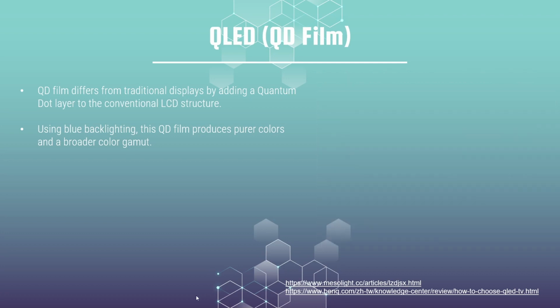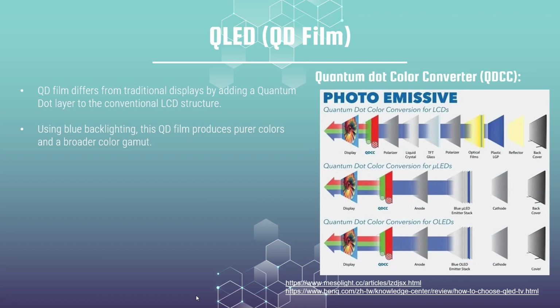And for the second one is quantum dot color converter, which is called QDCC. This technology involves using quantum dot color filter to replace traditional color filters, allowing for color transformation rather than direct filtering. It can be integrated with technologies such as micro LED and OLED.